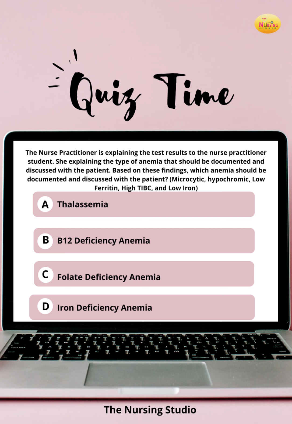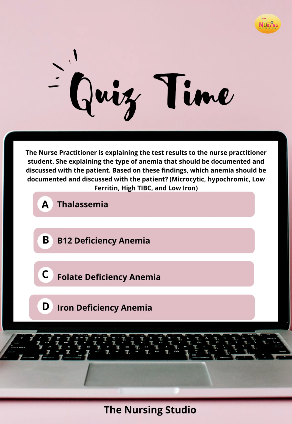So this one says microcytic, hypochromic. And in my 2-1-2 rule, I tell you, in that smaller category, there are two that fall in the category of microcytic and hypochromic. And that's your iron deficiency anemia and your thalassemia. So here you can break this down to know it's either A or D for this answer choice, right?